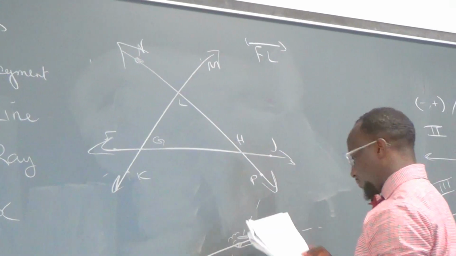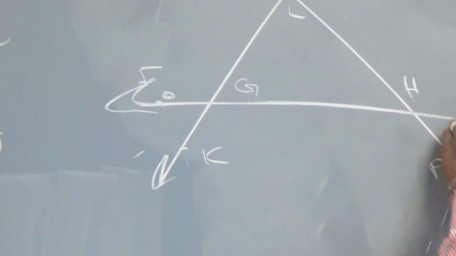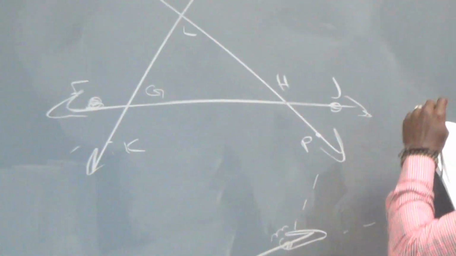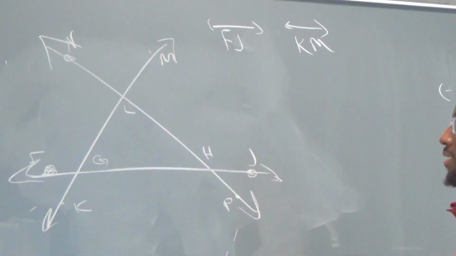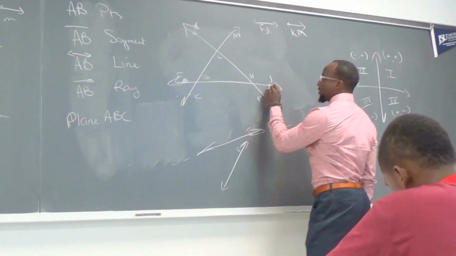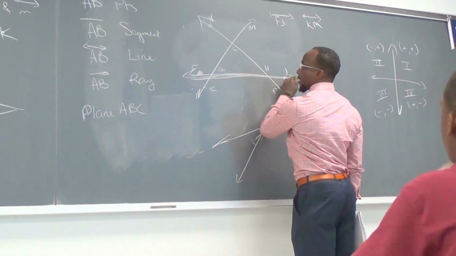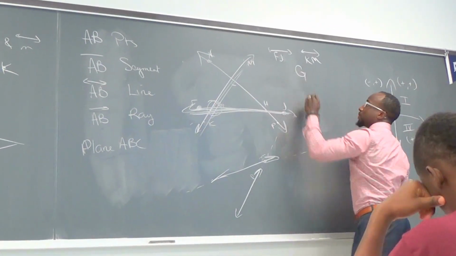This would be FJ, I'm sorry. FJ. This line right here. FJ and KM will be the intersection. This is FJ, and this is KM. They intersect at G. Good.